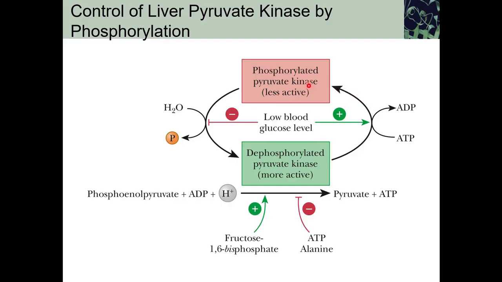Yes, because you do not want glycolysis to happen in your liver when there's a need for the synthesis of glucose. Because there's low blood glucose level, the liver has to synthesize glucose in order to increase the amount of glucose in the blood, and therefore it has to encourage gluconeogenesis.